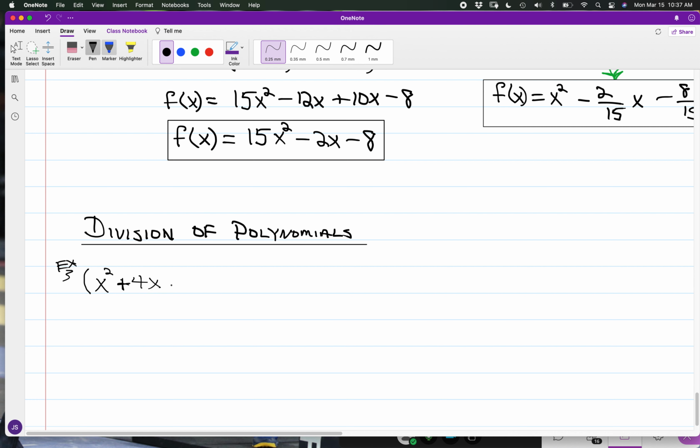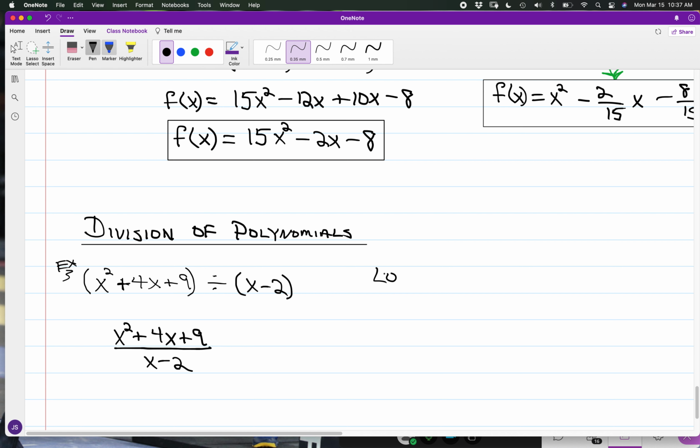Say if I have something like x squared plus 4x plus 9, and I have division by the binomial x minus 2. As a ratio, you have x squared plus 4x plus 9 divided by x minus 2.